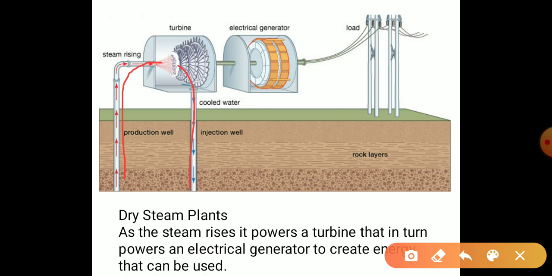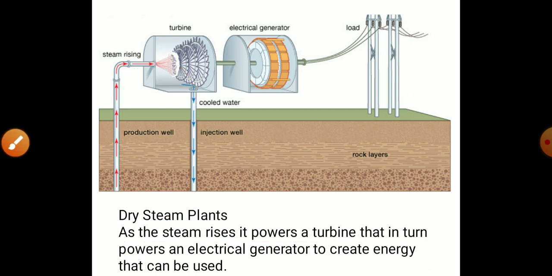And in the notation for the dry steam plant, as the steam rises, it powers a turbine that turns an electrical generator to create usable energy. This is the simplest type of power plant, where the steam comes directly to the turbine and the cooled water goes back through the injection well to the geothermal zone.